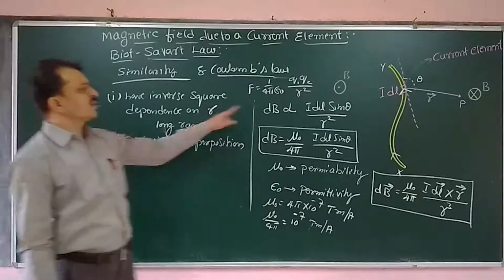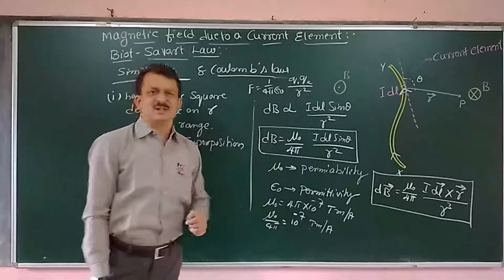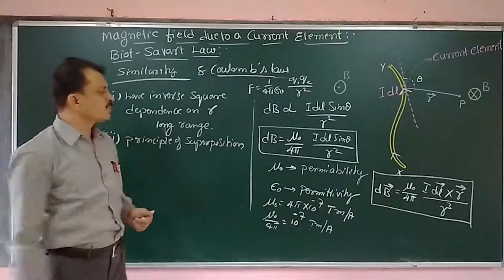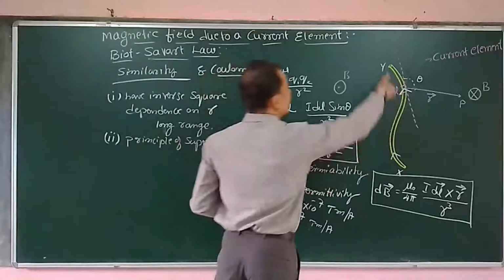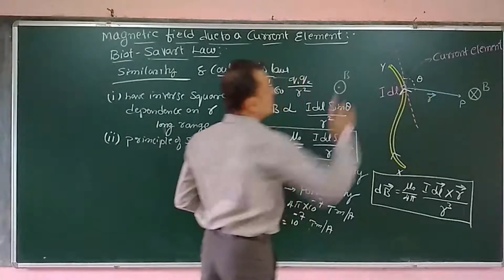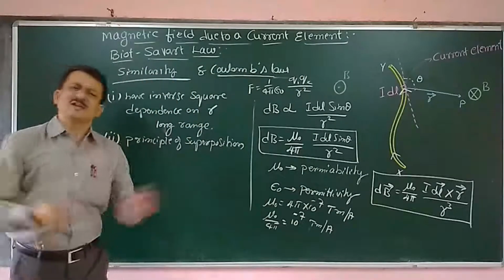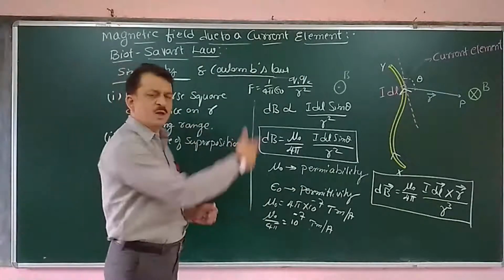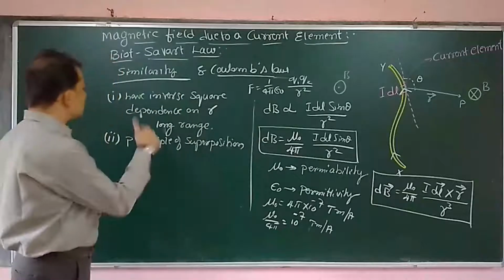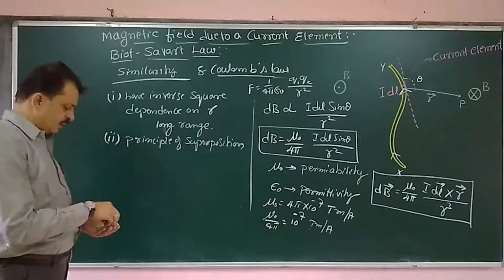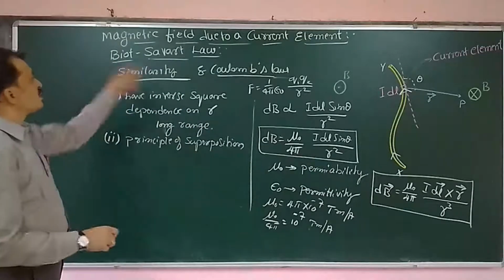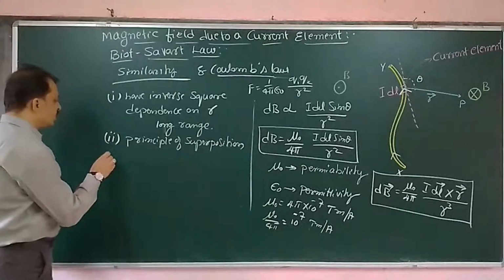While calculating the electric field due to a multiple charge system, we use the principle of superposition. Similarly, while calculating the magnetic field due to a number of current elements, the principle of superposition also works. These are the two similarities between Biot-Savart's law and Coulomb's law.